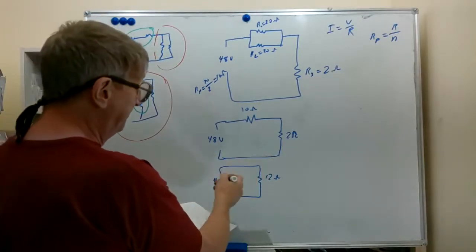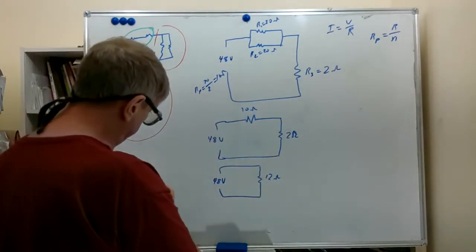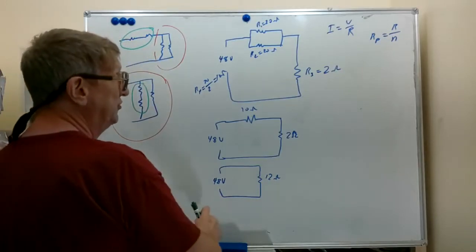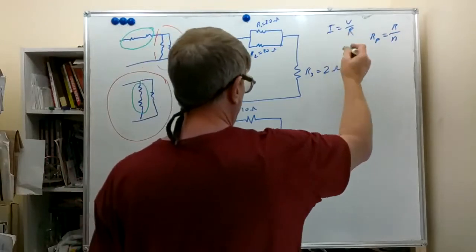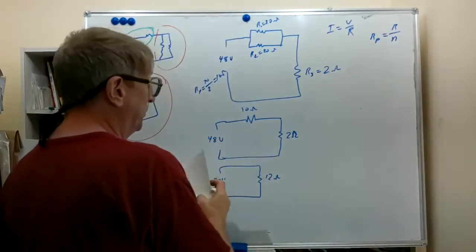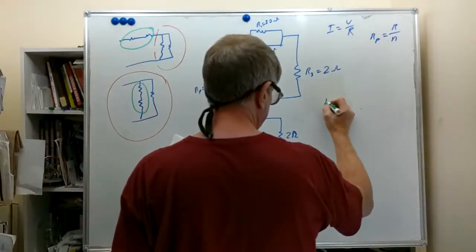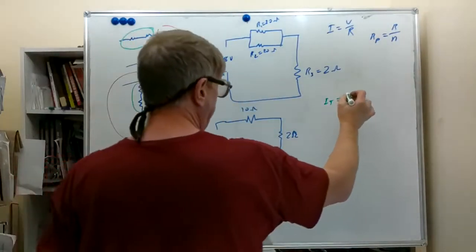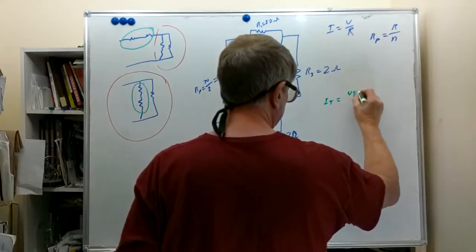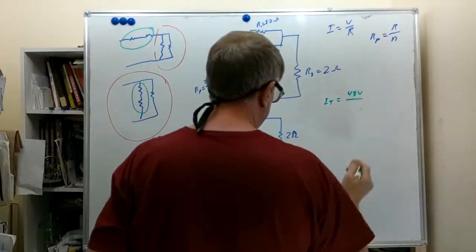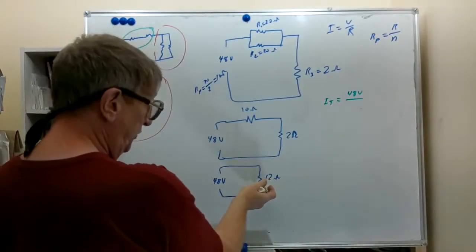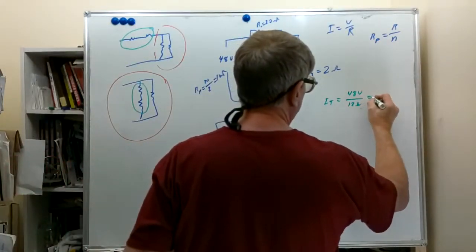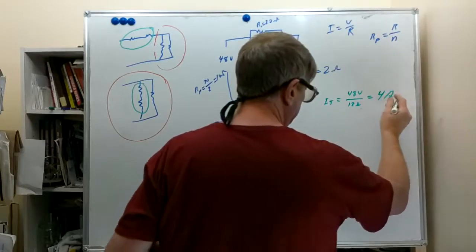So if we want to find IT, the total current from the 48 volt supply, we can utilize this formula, I equals V over R. We're going to call it IT, is the voltage applied, 48 volts, divided by the total resistance or equivalent resistance of 12 ohms. So what we now have is 4 amps.